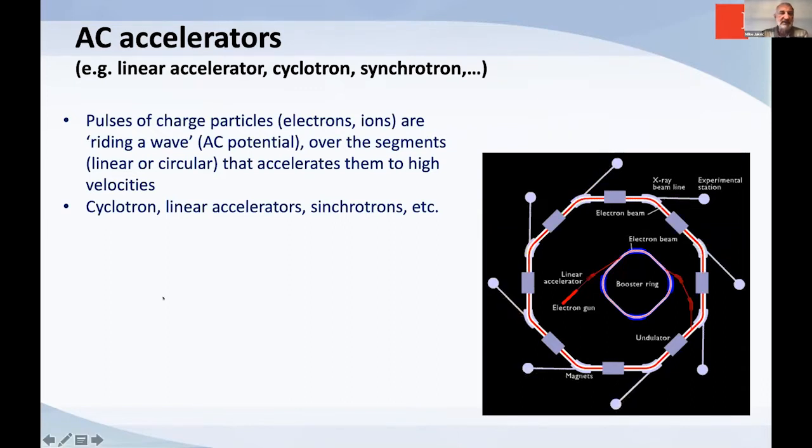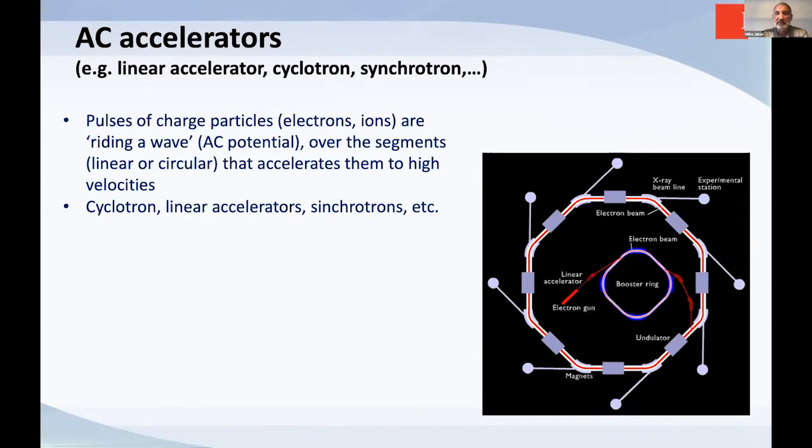You have AC basically and DC, so alternating current or direct current. In the case of alternating current, you have pulses of charged particles, which are electrons or different ions, riding a wave along a potential, which is either linear or circular. Here is an image of an electron synchrotron.